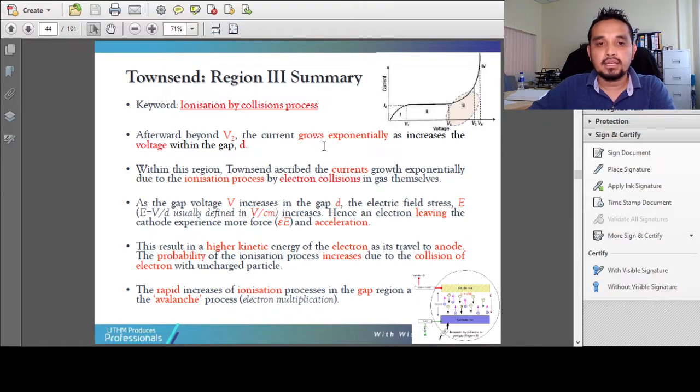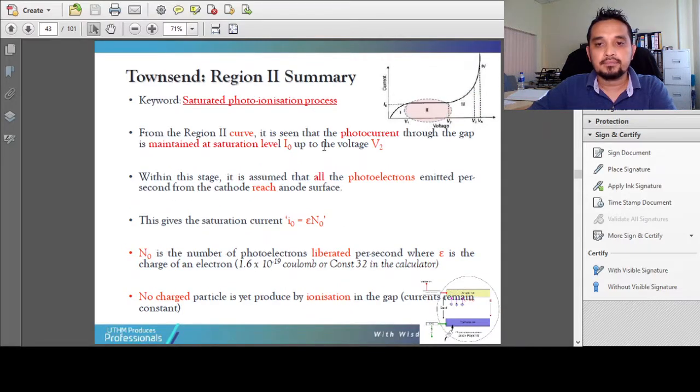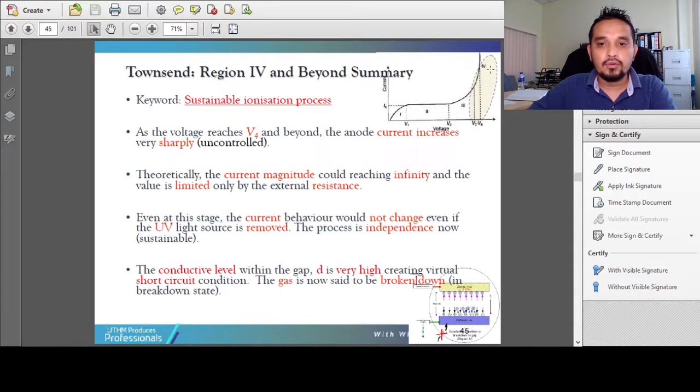And finally in region 4, this is what we know as the sustainable ionization process, in other words, we call it a total breakdown or total failure of the gas insulation material, in which the ionization process, as I explained before, is a process of discharge or the breakdown of the gas.